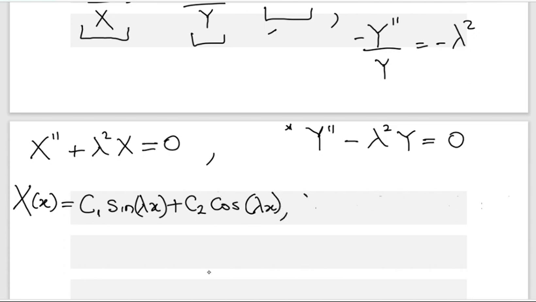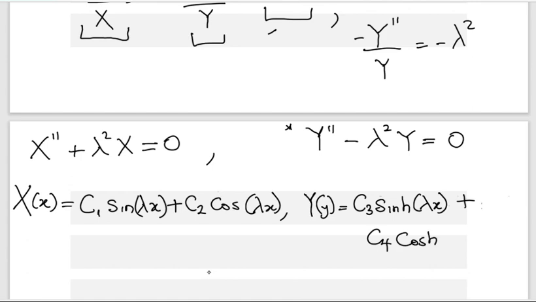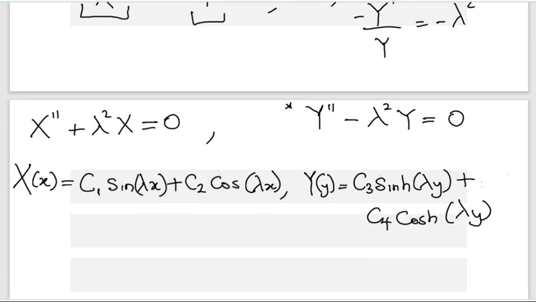And for this we have that y of y is going to be c3 hyperbolic sine of lambda y plus c4 hyperbolic cosine of lambda y. I'm sorry, I wrote it wrong; this is lambda y. Alright, so these are the solutions.